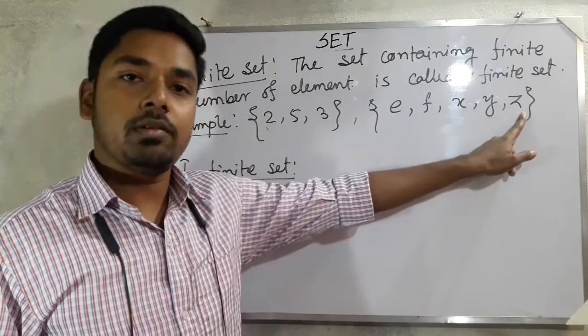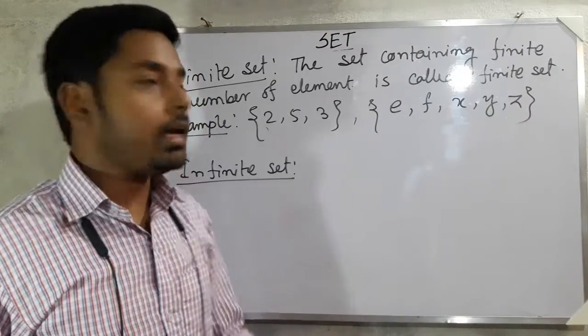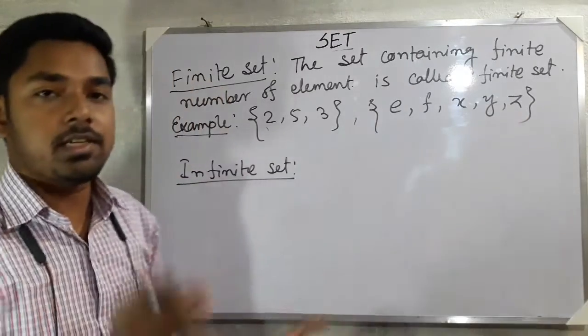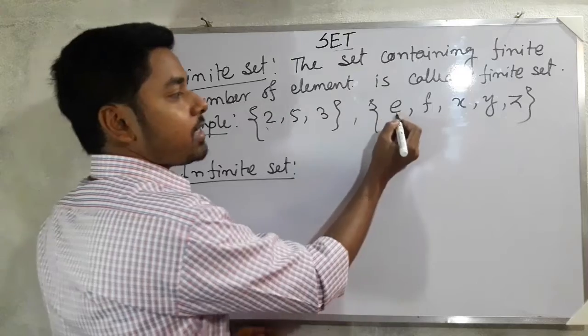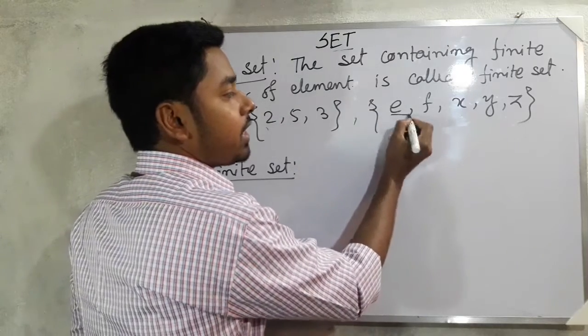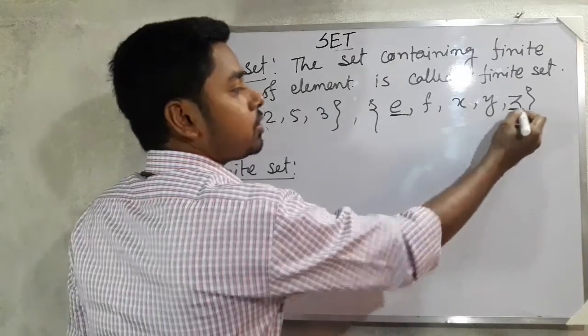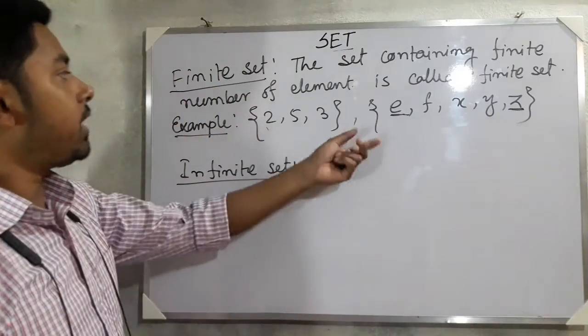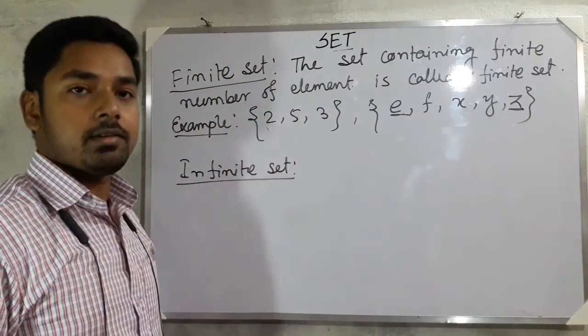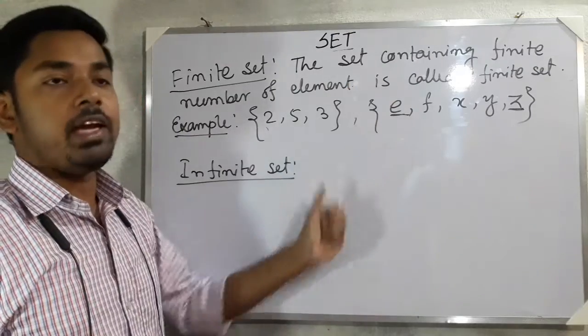So it is also a finite set. Like this you can make finite sets. Just check whether the set has a starting element and an ending element. Both should be there. Then you can say it is a finite set, meaning a finite number of elements.